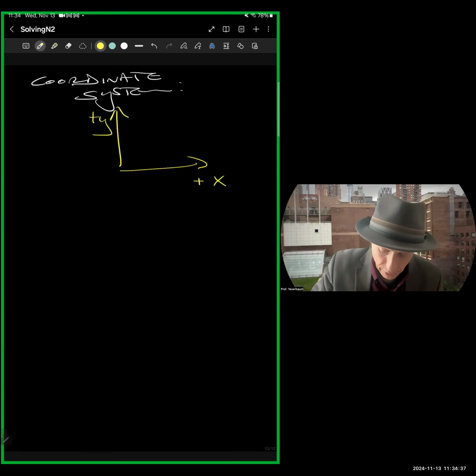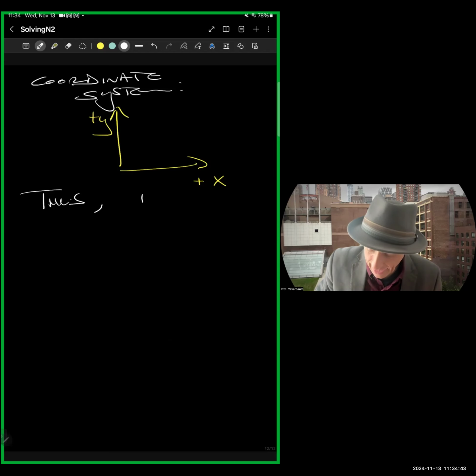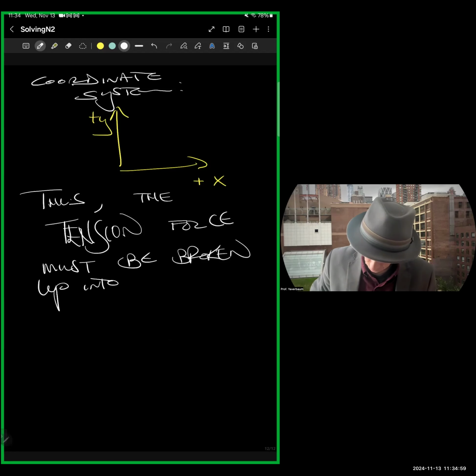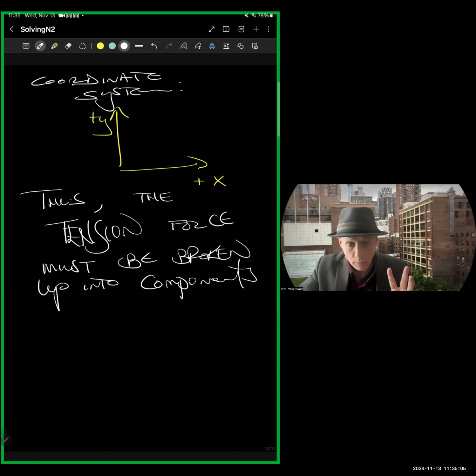Thus, the tension force must be broken up into components. Any force, any arrow that you see in your picture that's not lined up already with one of the axes has to be broken up. And that's what you're doing in the lab.